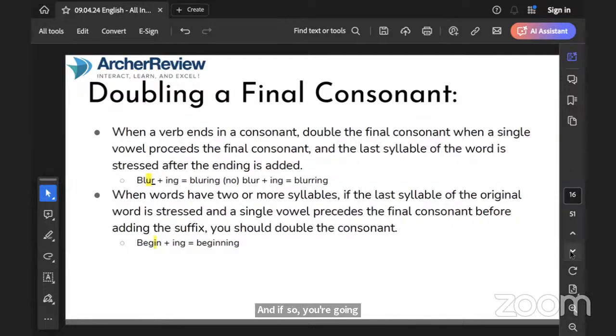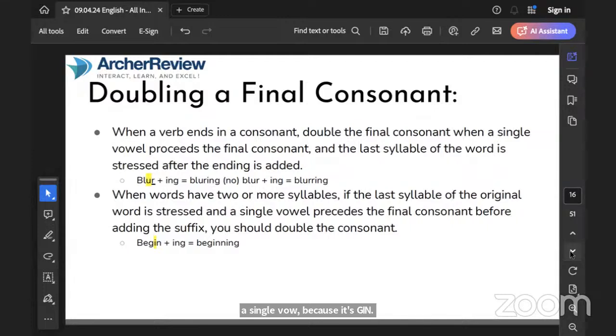So for example, begin. Well, that's a word that has two syllables, be and then gin, begin. So it ends in a consonant. So then I need to look before it and I see it has a single vowel, because it's GIN. So it's consonant, vowel, consonant.